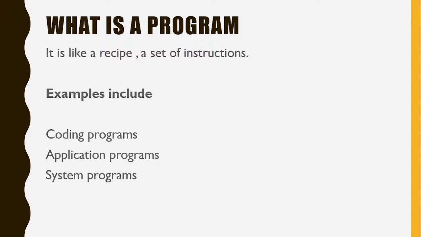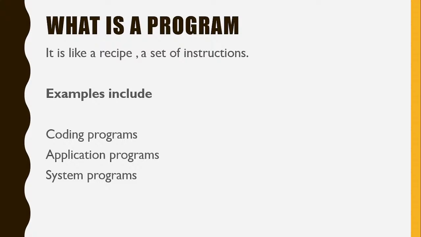Now the third type of program is system programs. What are system programs? These are the programs that are essential for running an operating system or for connecting the computer hardware. Without connecting the computer hardware internally with a system program, it is impossible to run a computer.